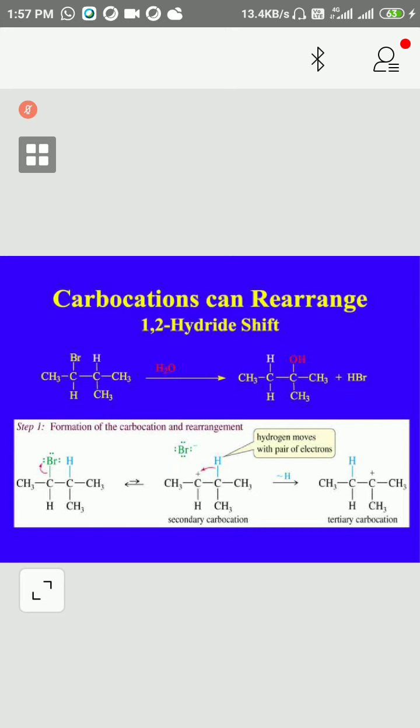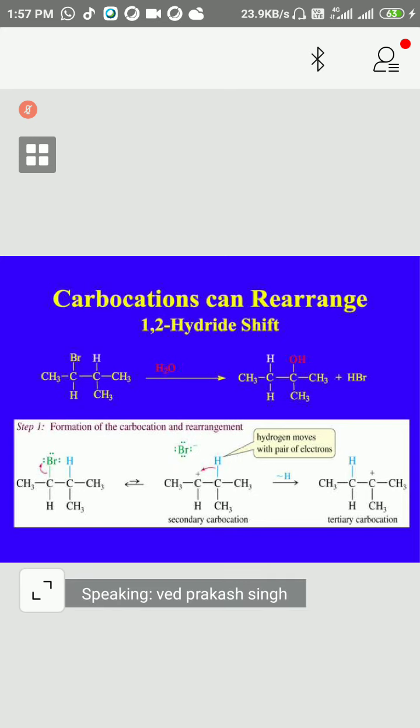So the first step is formation of a secondary carbocation, and in the second step, hydrogen moves from this carbon to this one. Why is it going to move? Because the secondary carbocation is converted into a tertiary carbocation. So rearrangement takes place to stabilize the system.